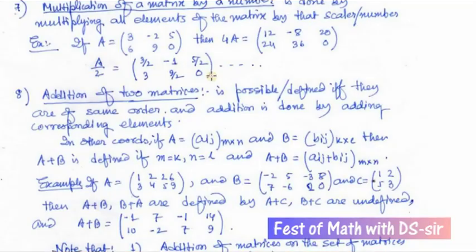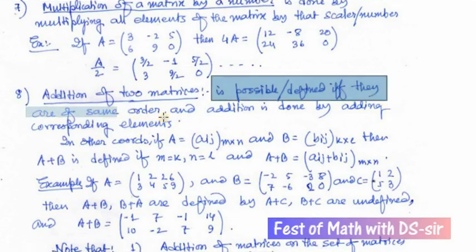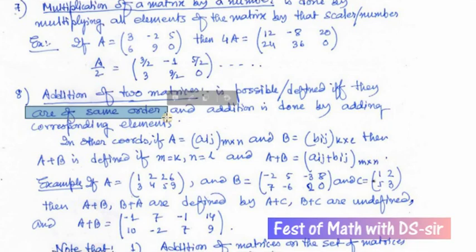Addition is possible or defined if they are of the same order, and there is no process or method of increasing or changing the order of a matrix. No process can change the order of a matrix.